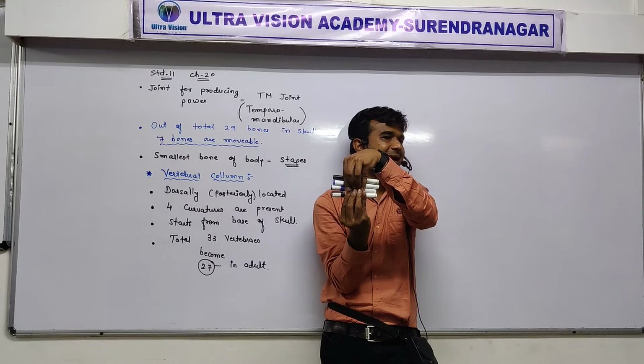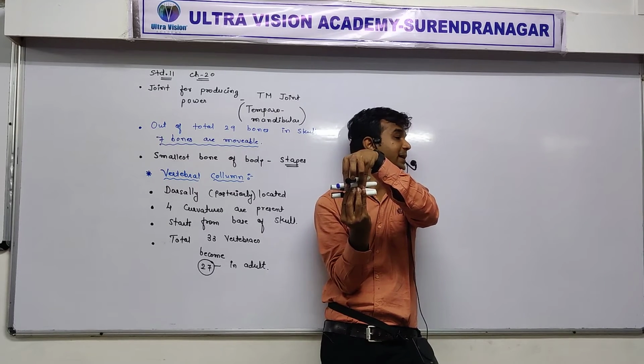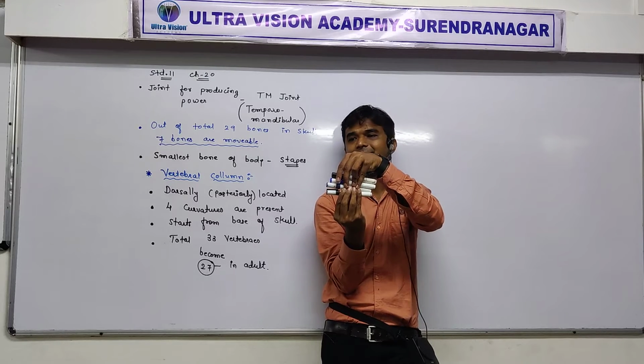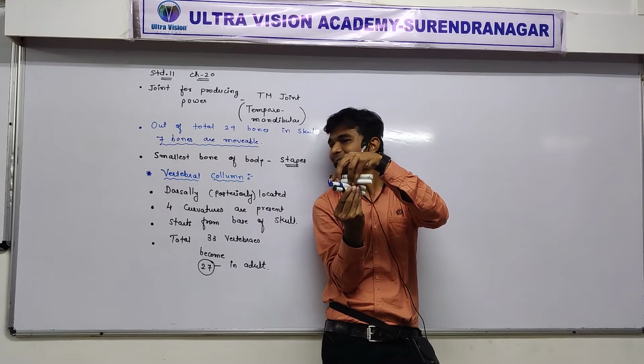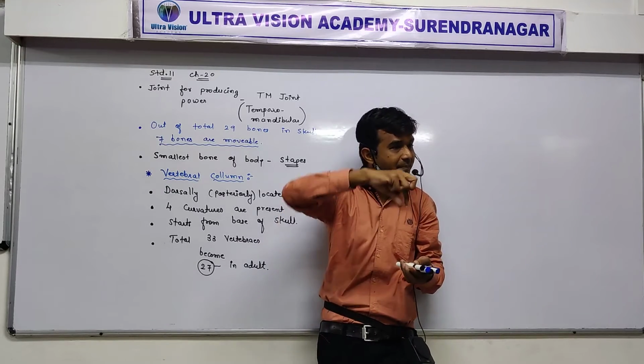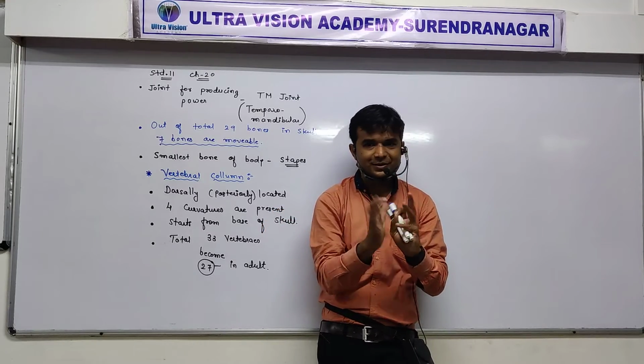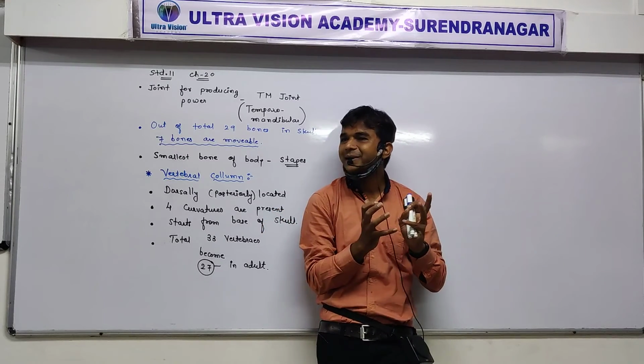When I move the neck like this, there is partial movement of each vertebra. Each and every vertebra can partially move, and all the movements together perform the particular movement.